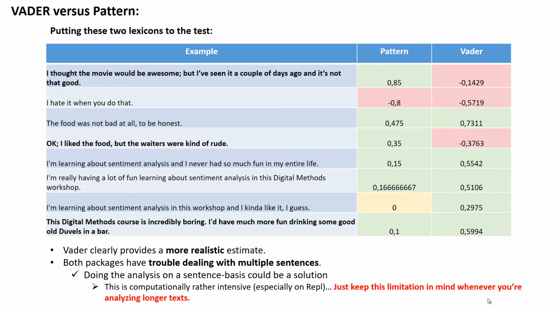So just keep this limitation in mind whenever you're analyzing longer texts, also for your exercises. For example, for the YouTube exercises, this is something to take into consideration for your protocol. But these packages have trouble dealing with longer pieces of text, and Pattern overall does a slightly worse job than Vader because of the lack of rules in the module.